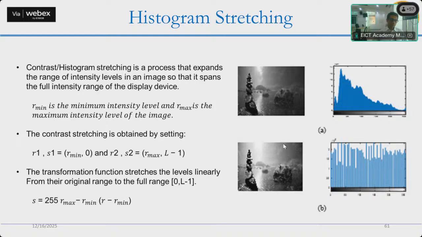So from which range to which range? r min is the minimum intensity level and r max is the maximum intensity level. So contrast stretching is obtained by putting this value, where r1 and s1 are given in this way. The transformation function has been shown in this way.